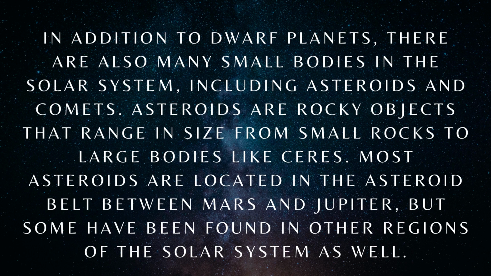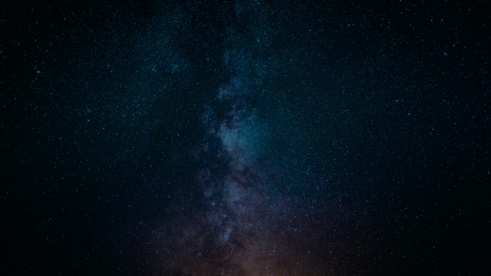Asteroids are rocky objects that range in size from small rocks to large bodies like Ceres. Most asteroids are located in the asteroid belt between Mars and Jupiter, but some have been found in other regions of the solar system as well.